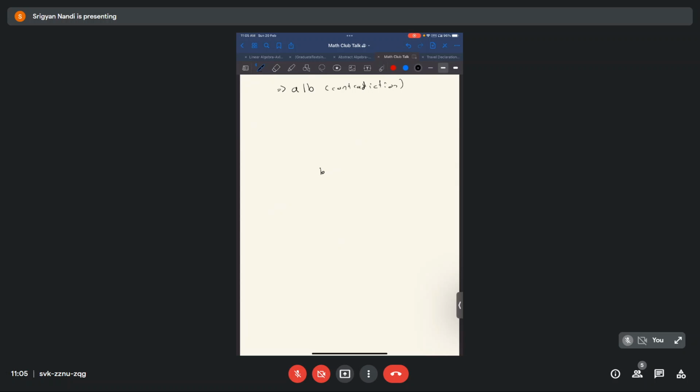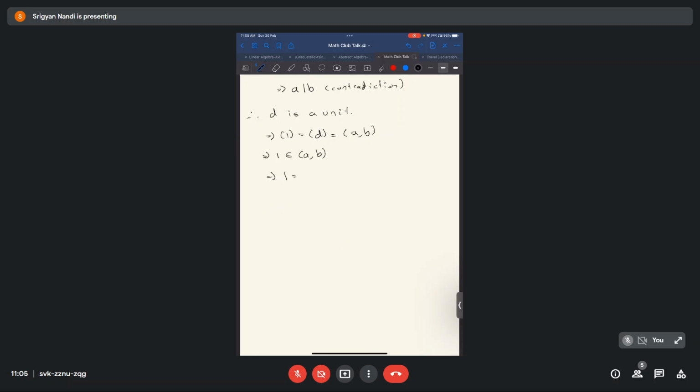So therefore, d should be a unit and not u, which would imply the ideal generated by 1 is equal to the ideal generated by d, which is the ideal generated by a and b. And that will imply 1 belongs to the ideal generated by a and b.